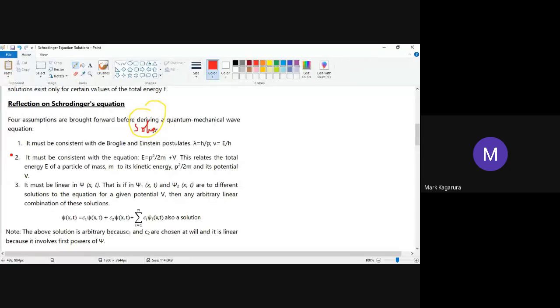Of course, we can't solve an equation for which during the derivation we broke the law. If we're breaking the law as we're solving, then we'll not get a proper wave function. Then it must be consistent with the conservation of energy, which I've already talked about. E is equal to K plus PE, p squared over 2m plus V, a function of x and t.